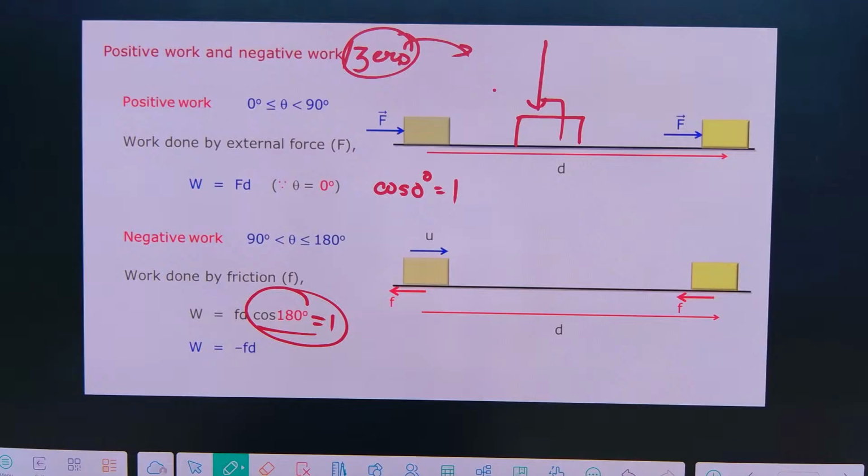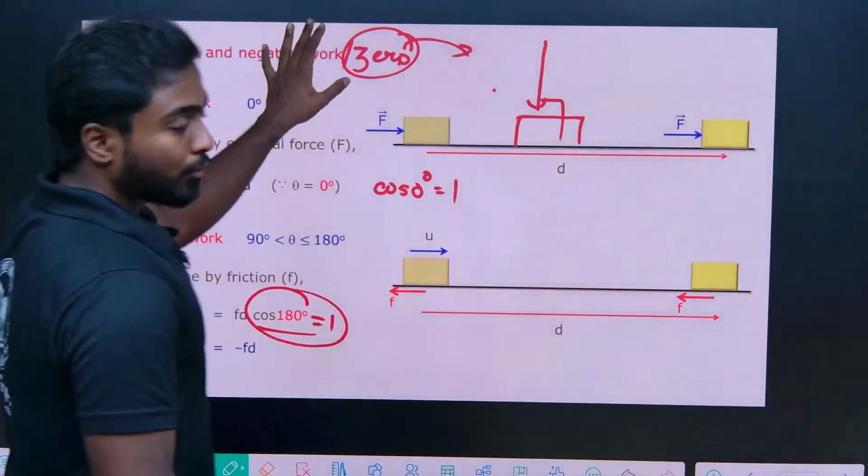Can you go for the next one? Okay. So you have taken this one.